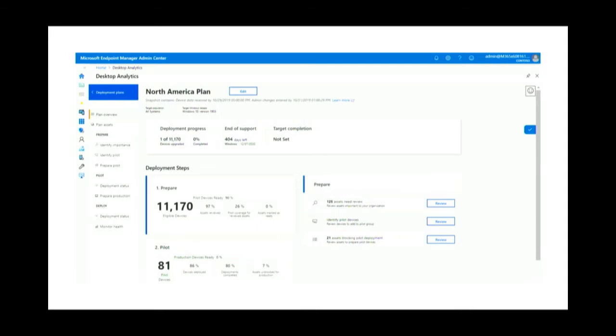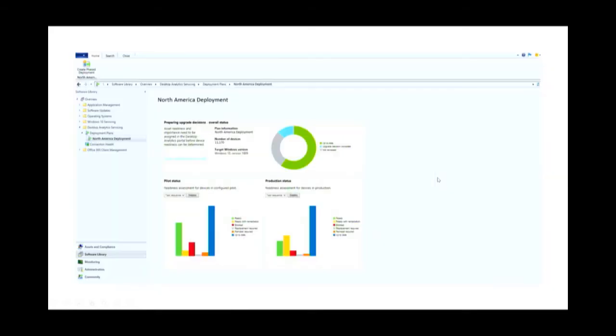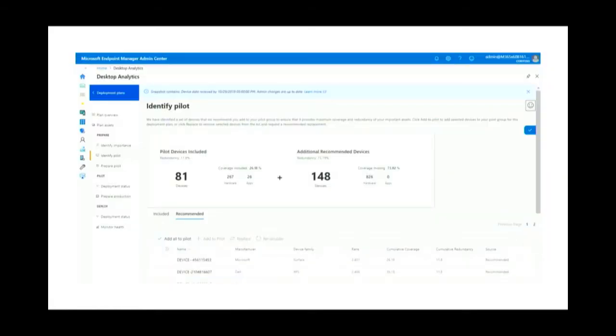On this screenshot, it says 21 assets are currently blocking deployment, meaning there are known compatibility issues. And it asks, who is in your pilot? Does your pilot include the correct scope of machines? Have you picked the proper pilot devices that should be included? What amount of permutations does your currently scoped pilot group cover?